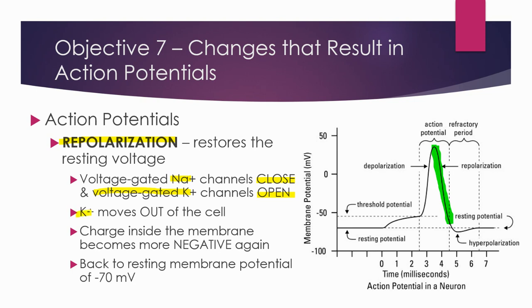And so potassium is going to move out, okay? We also have the work of the sodium-potassium pump. And so between all of this, we are going to see that membrane potential restored, and it's going to become more negative again on the inside.